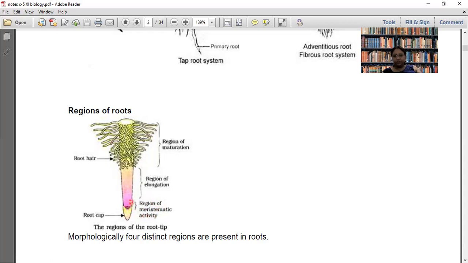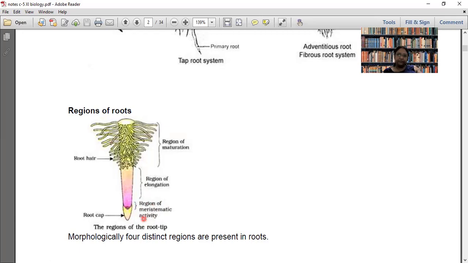This region of meristematic. आप देख सकते हो कि इतनी बड़ी root में only this part is region of meristematic activity. So अगर ये part सबसे पहले रहा region of meristematic activity, while penetrating through the soil due to friction, it may be destroyed.